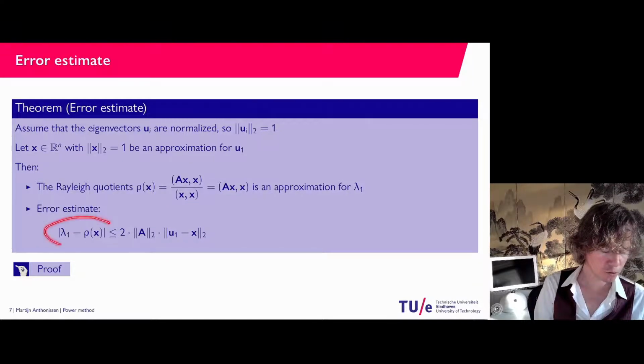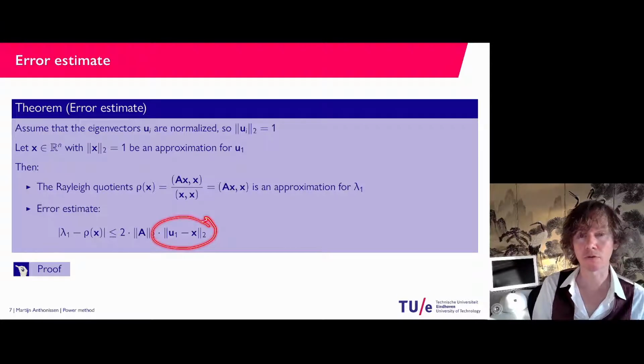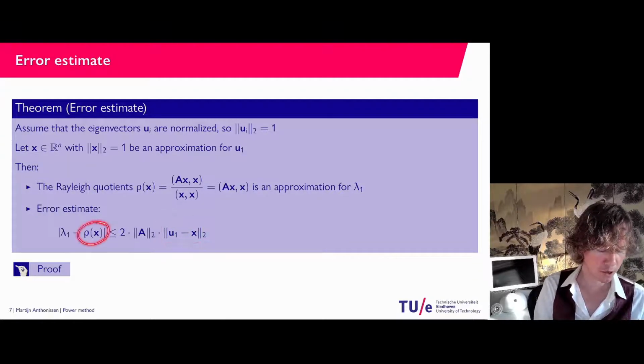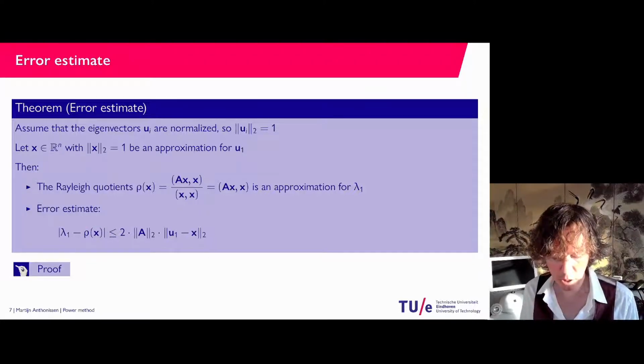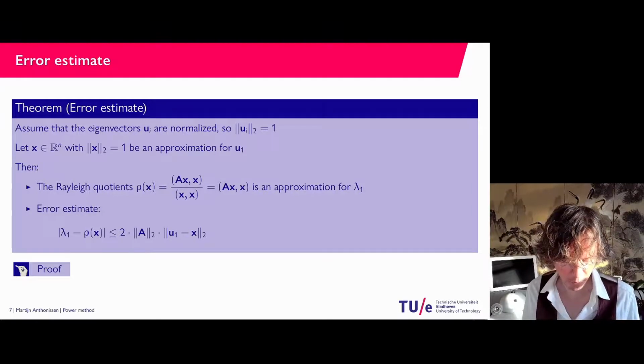Because the difference between lambda 1 and rho is less or equal 2 times the norm of the matrix apparently, and then the difference between the vectors. So if x is a very good approximation for u1, then this norm is going to be small, and then the Rayleigh quotient is also going to be a good approximation for lambda 1. So let's see if we can prove the theorem here.